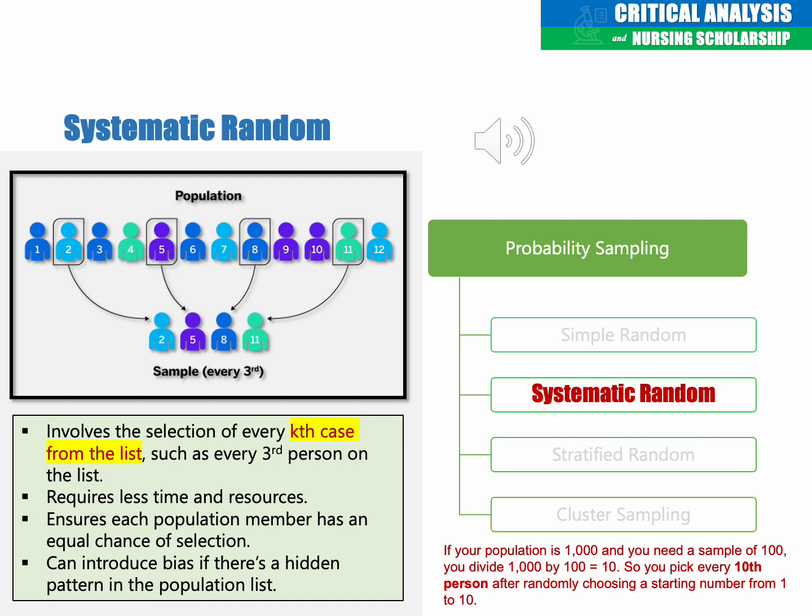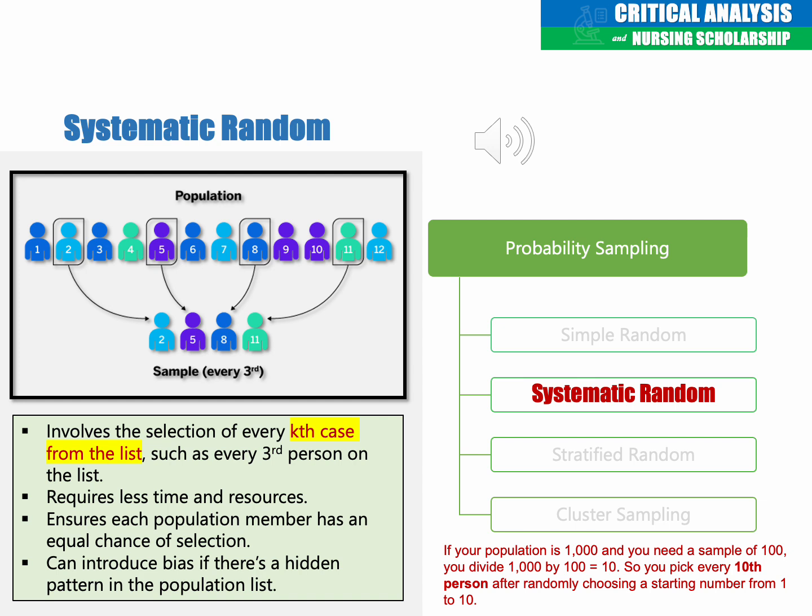As simple as that. Now, systematic sampling is easier and quicker than simple random sampling. However, the problem with systematic random sampling is that if there's a pattern in the population, for example, every 10th person has the same shift, it could probably introduce bias.